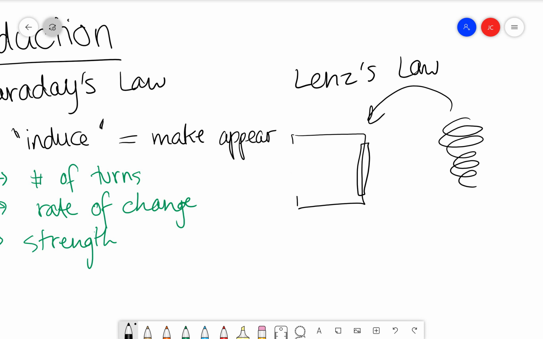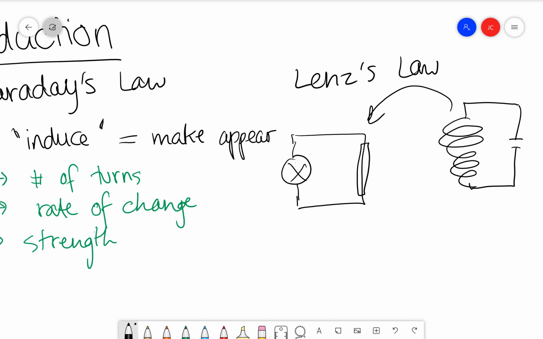So you don't actually need a battery. There's maybe a lamp here, because the coil will induce the current. And when it induces this, the current that's flowing through this conductor will also start creating a field in return, because straight conductors create fields. And you'll get a field in the exact opposite direction.